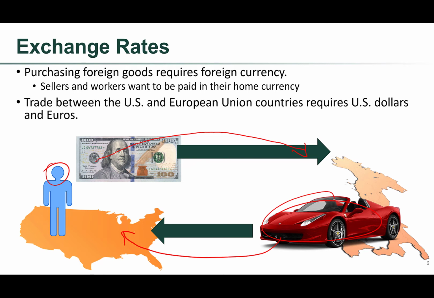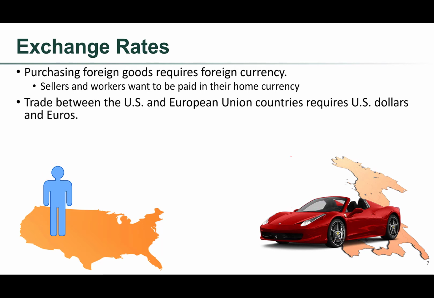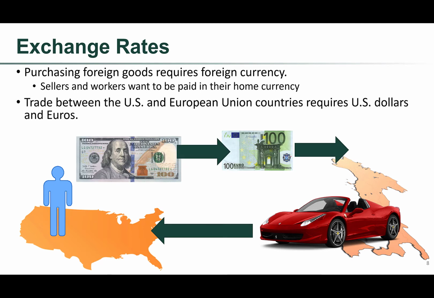Well, what we need to think about here is, again, the person who works in the factory in Italy, they don't want to take a $100 bill from me. Instead, what we need to do is take my $100 bill, turn it into euros, then buy the car with those euros. And so what we're going to think about is this arrow right here, the market of turning US dollars into euros.